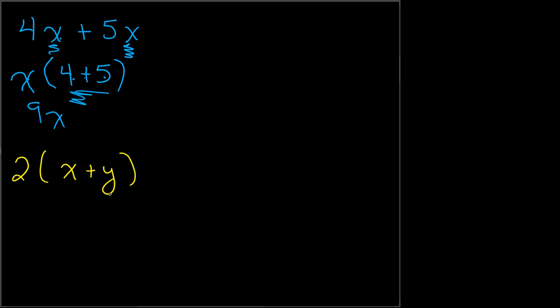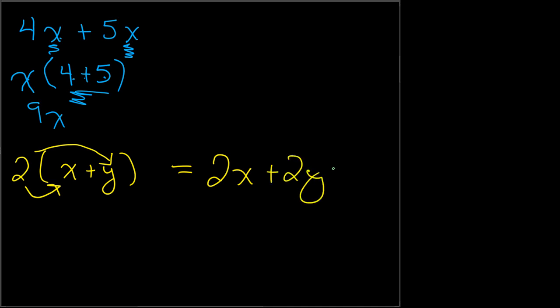But the distribution property comes to save me, and I can distribute the 2 to each part, and that gives me 2x plus 2y. One of the games we'll find is putting x's in one place, y's in another place, getting all the things with the same names together. If I have liberated these from the parentheses, they've broken out of that cage, and now I can manipulate them however needs to be. The distribution property helps us do that.